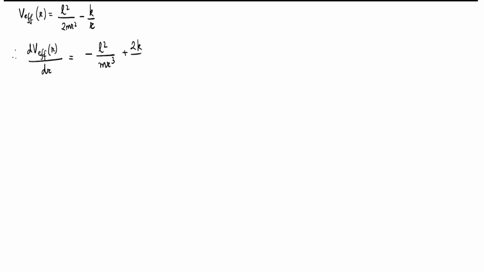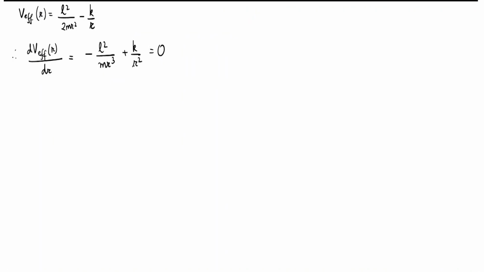So V effective r equals L square by 2mr square minus k by r. Therefore dV effective by dr is minus L square by mr cube plus k by r square, which is equal to 0.